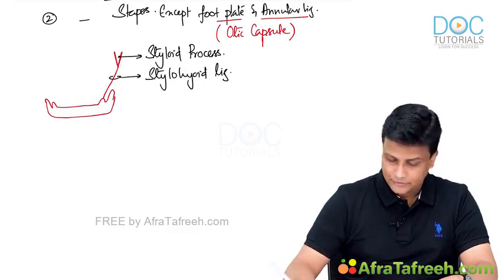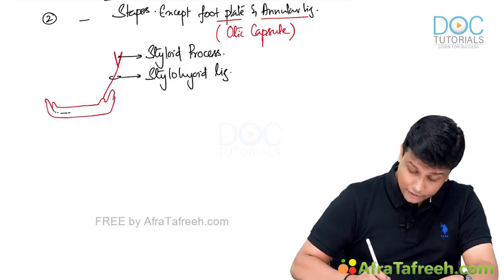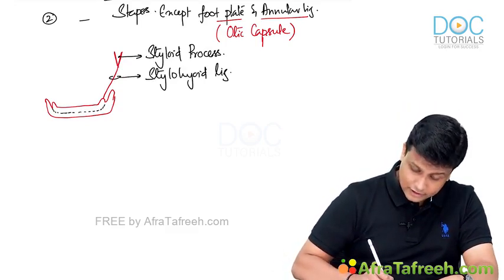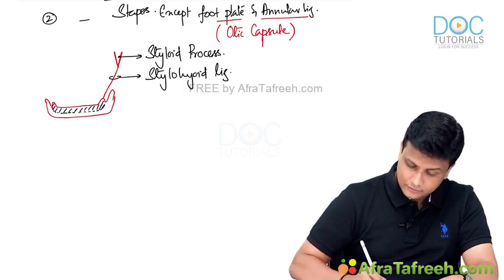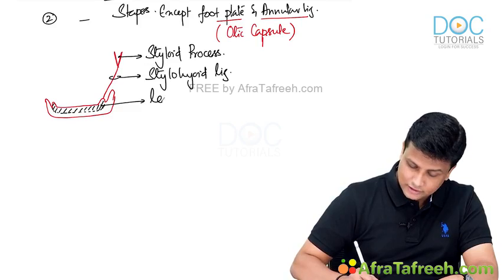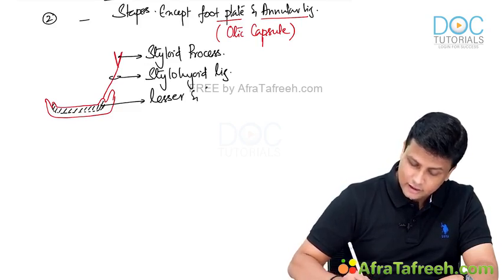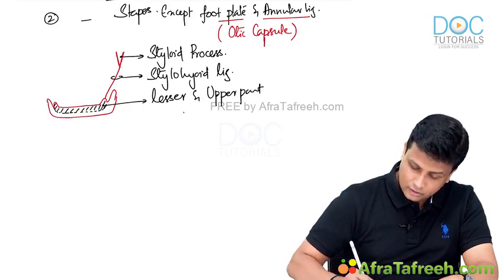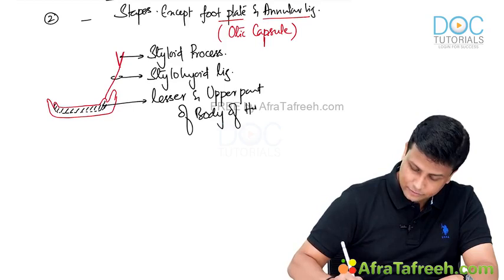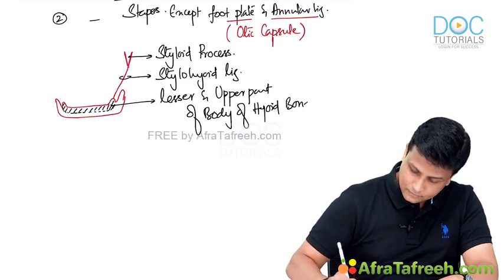Stylohyoid ligament. And then in the hyoid bone, my dear doctors, remember only the lesser horn and the upper part of the body. I repeat again, only the lesser horn and upper part of the body of the hyoid bone. Understanding?